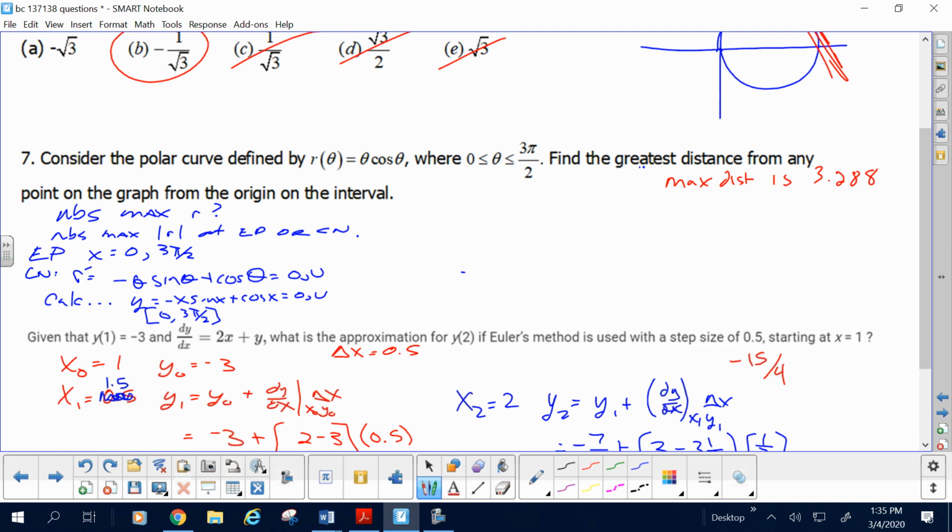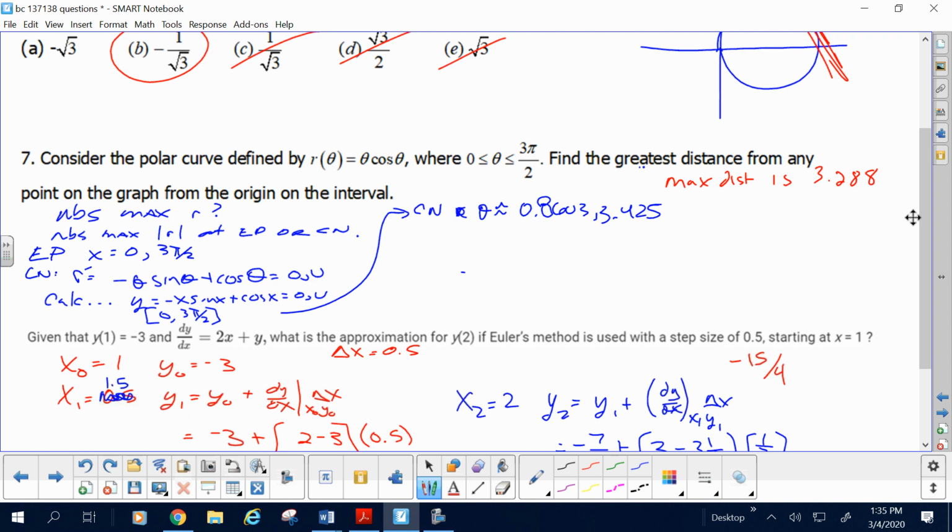And then I found the zeros. The critical numbers are at theta of 0.8603 and 3.425. You follow?